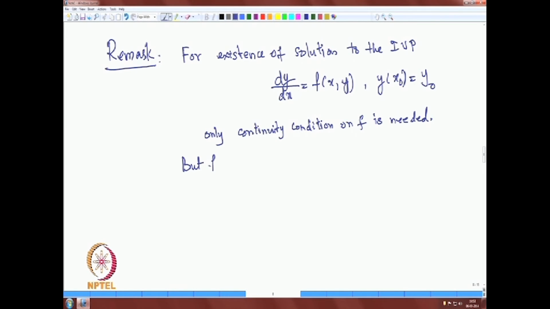But for uniqueness, we need a stronger condition than continuity.